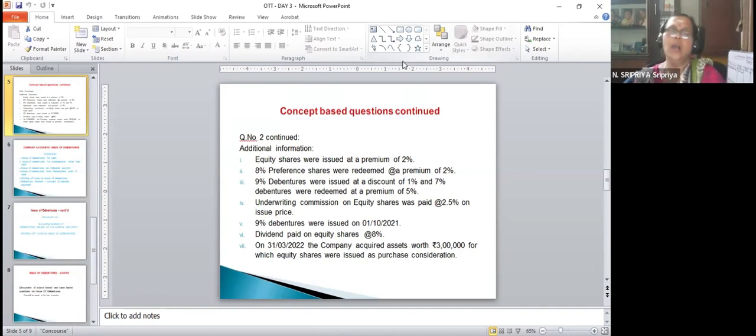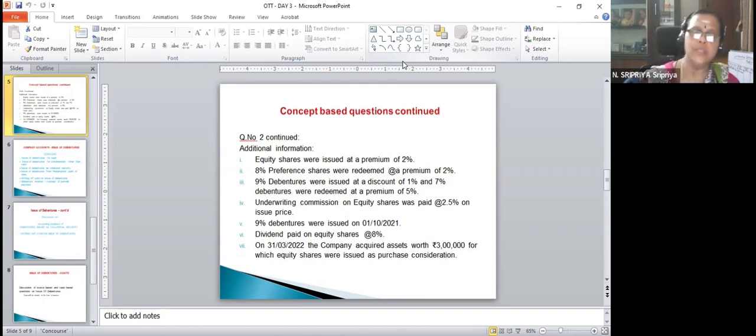Why? Because the company need not worry about raising money by issuing debentures or preference shares, as investors will definitely invest in debentures. Preference shares the company can raise whenever it wants, and close when it doesn't want. Not a problem at all. But underwriting commission is paid only for equity shares.